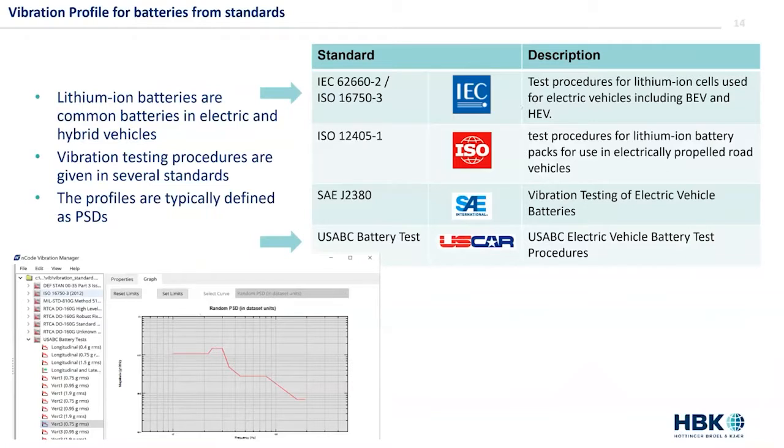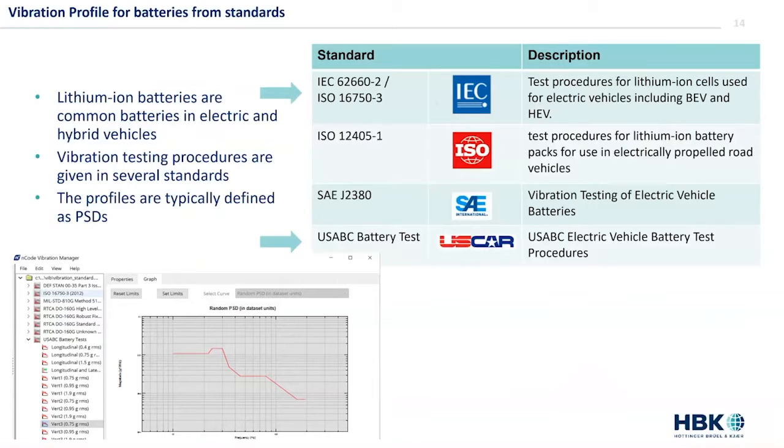So some of those spectra are in there. So that's one way to do it. Just pick one spectrum that seems to correspond to your needs in one of those standards, and just play it on a shaker, or use it as an input to a vibration or frequency domain fatigue analysis.